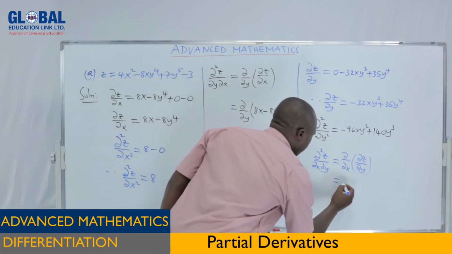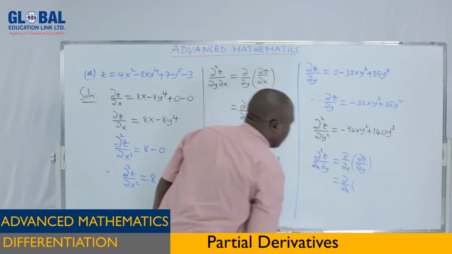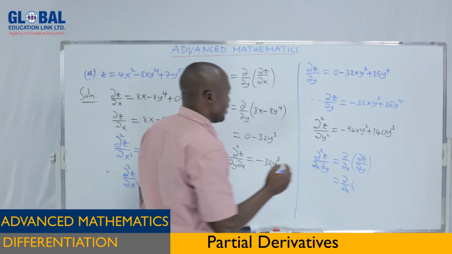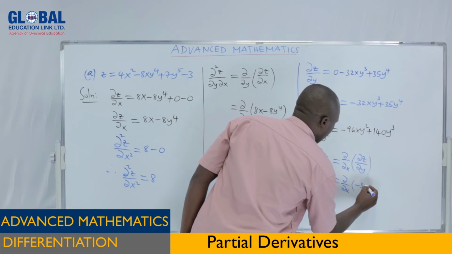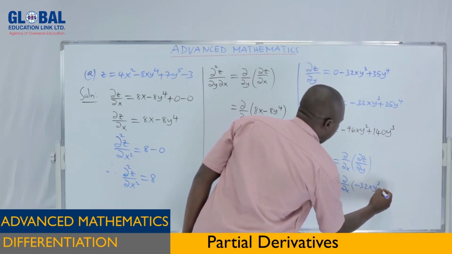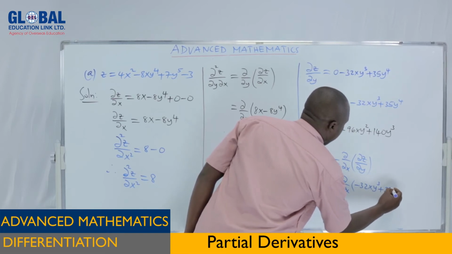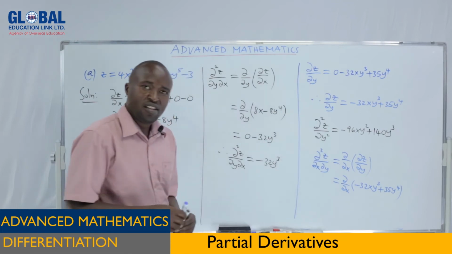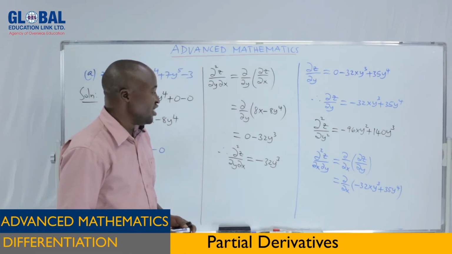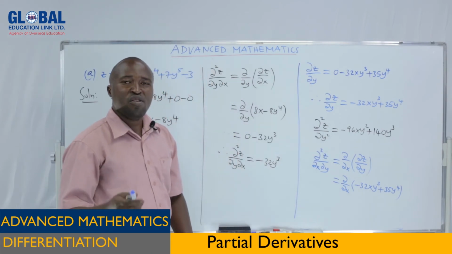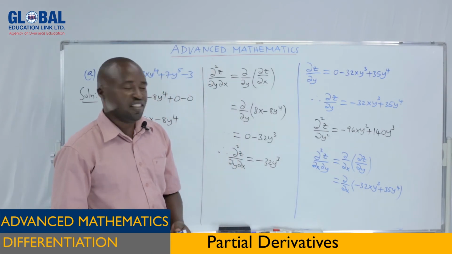So in this case, we have the partial derivative with respect to x of, now that one is the same as negative 32 xy power 3 plus 35 y power 4. In this case, we are going to differentiate with respect to x. And if it is with respect to x, y will remain constant.